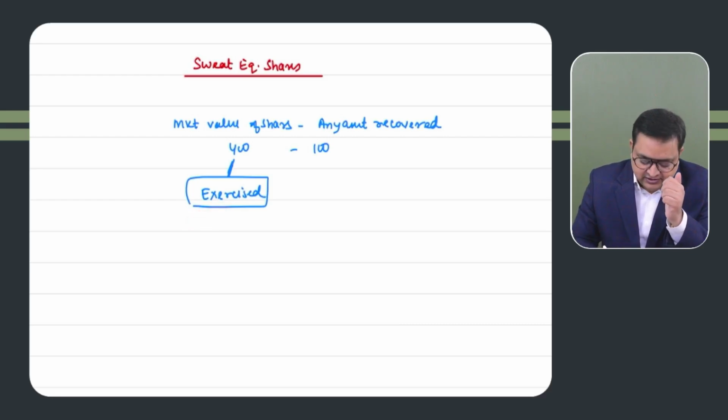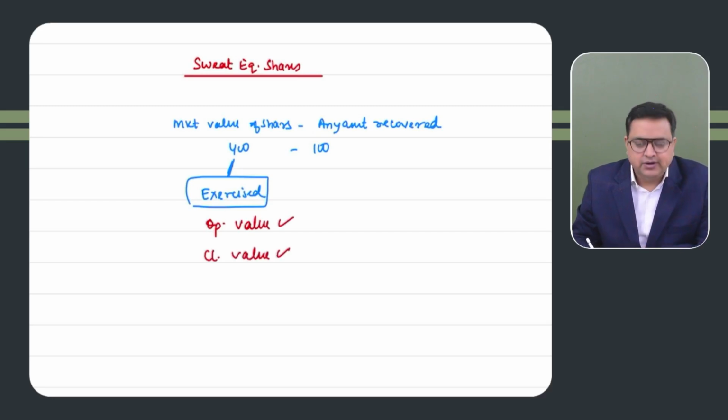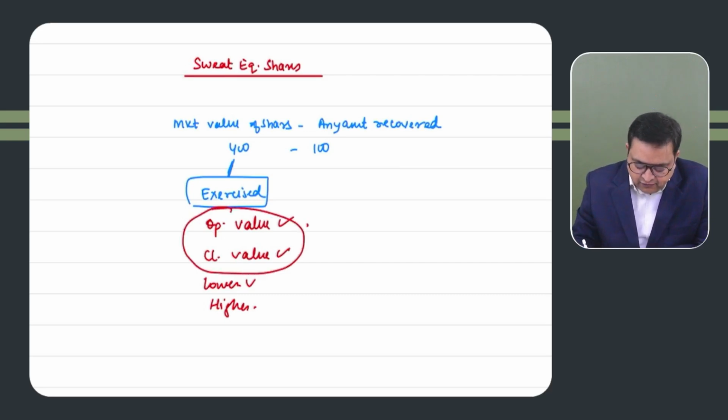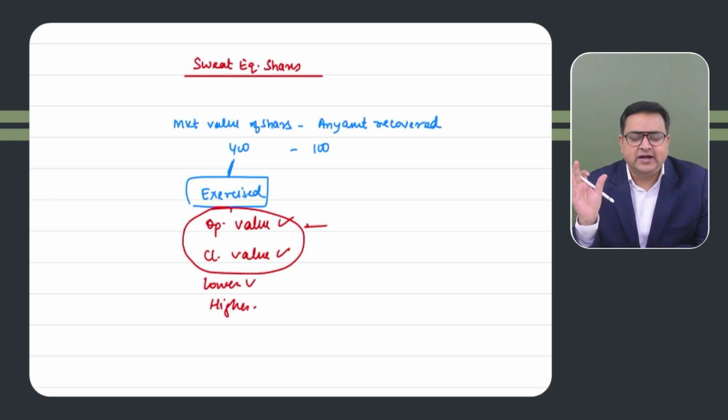If the question paper is a little more difficult, on the exercise date they will give you several values: the opening value, the closing value, the lowest value, the highest value of the exercise date. Then what value do you have to take? In that case, you have to take the average of opening and closing, so opening value plus closing value whole upon 2. That's it, a simple average.